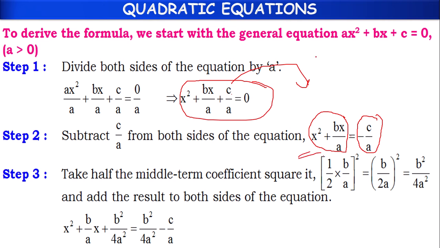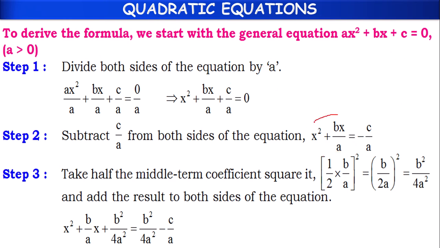Now let's apply the completing the square method. That means the left hand side and right hand side terms are to be written in terms of squares.